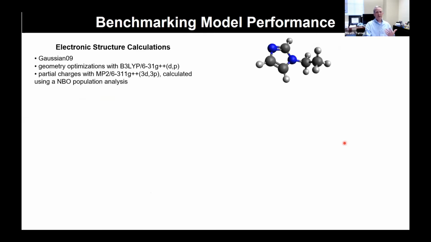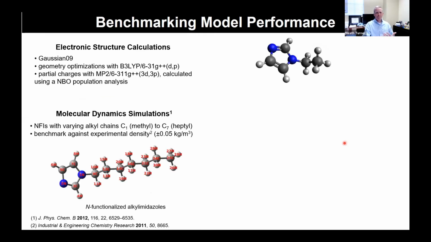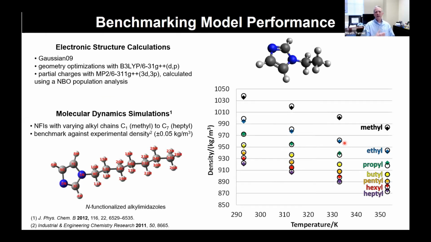So we started out by doing some benchmarking. We looked at a range of N-functionalized imidazoles. So we started out with a methyl, ethyl, and we continued that chain until we got up to about a heptyl group, or even larger. But we have some really good experimental data to compare against.